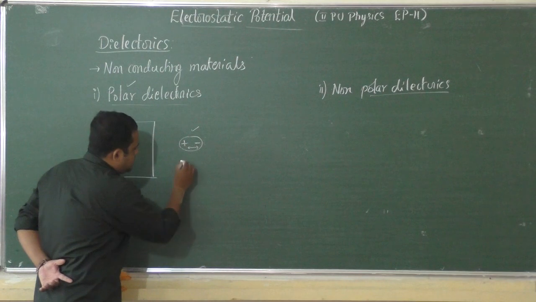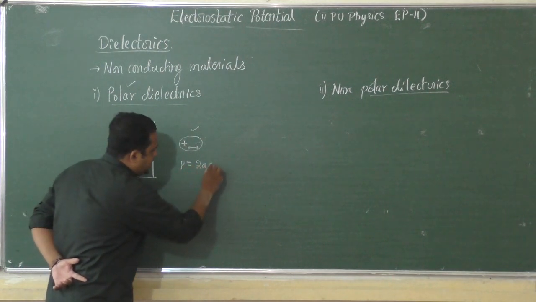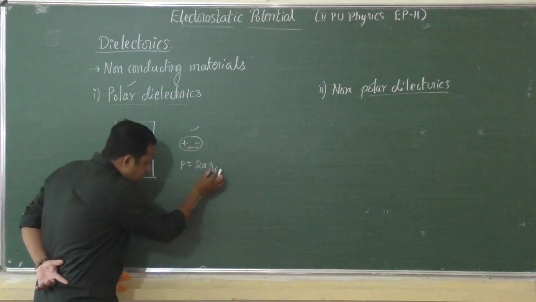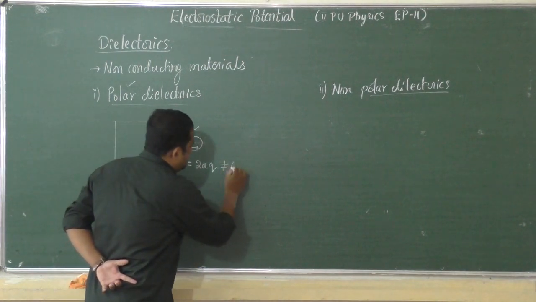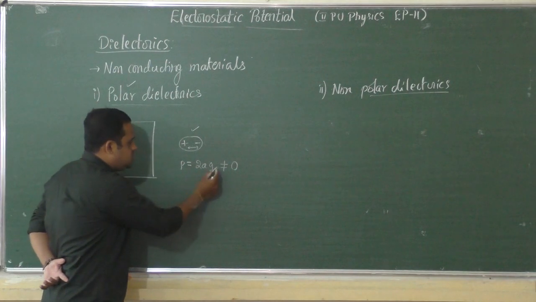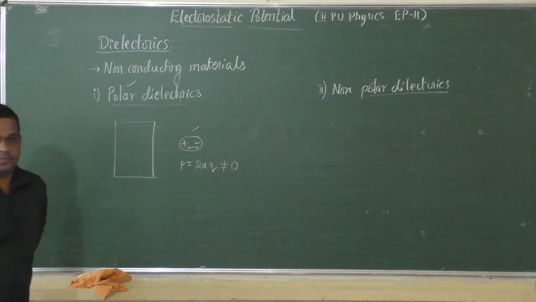Now, in this case, if you calculate the dipole moment, which is given by 2a into q, where 2a is the separation between the charges and q is the magnitude of charge, then this value will be non-zero. Because 2a is not equal to 0, q is also not equal to 0, so 2aq will be non-zero.